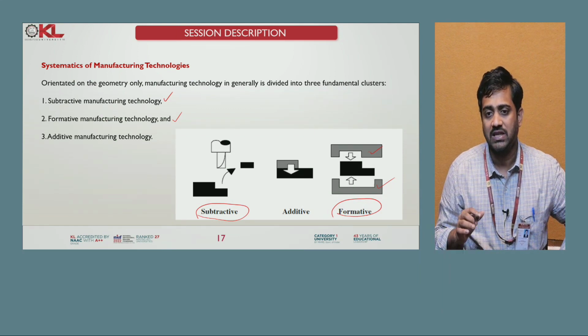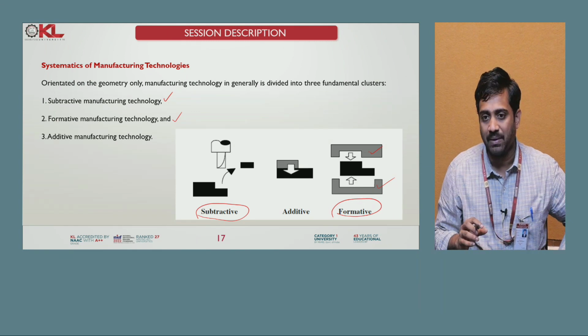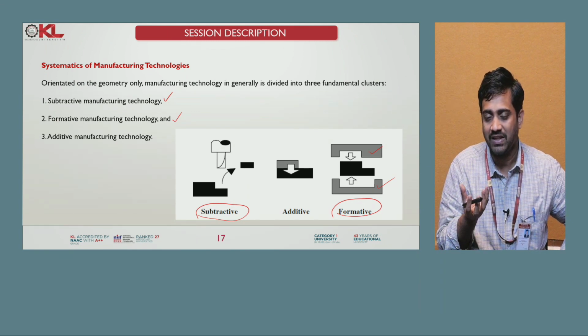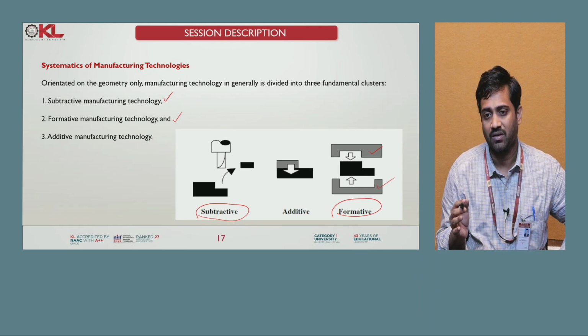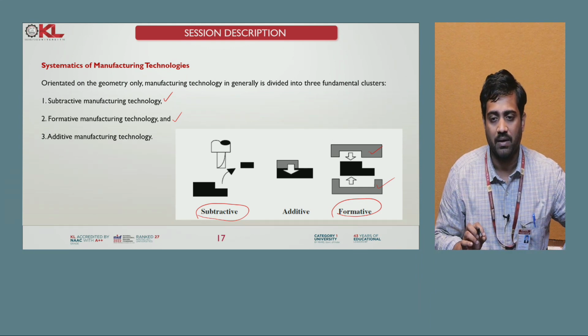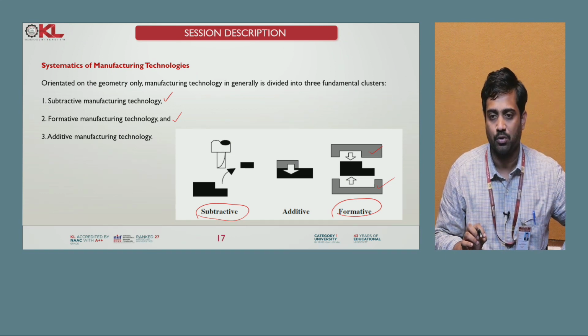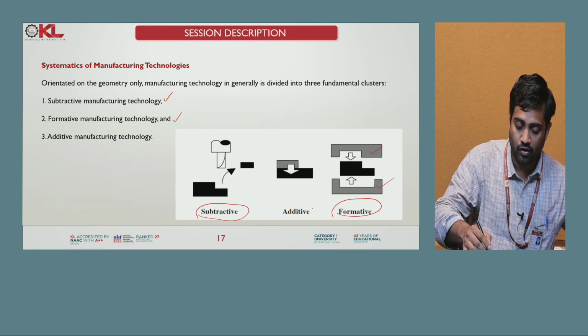Without removing or adding material, within the same material we are changing the shape. That is called formative manufacturing technology. As I told you, the rolling process, bending process and extrusion process are all examples of formative.